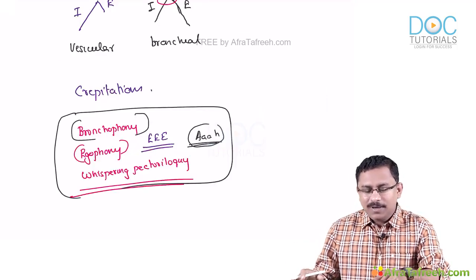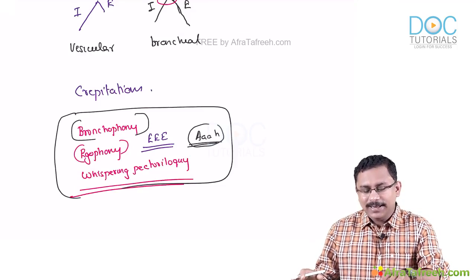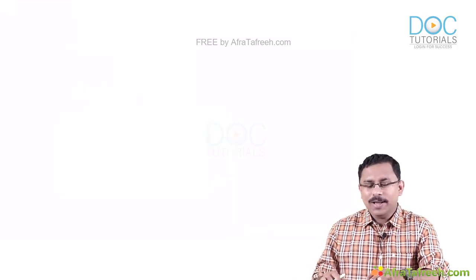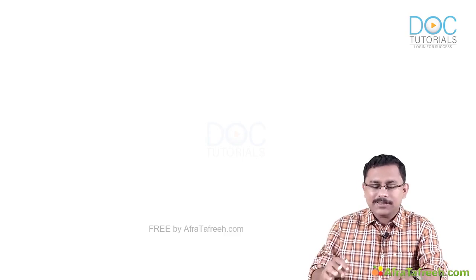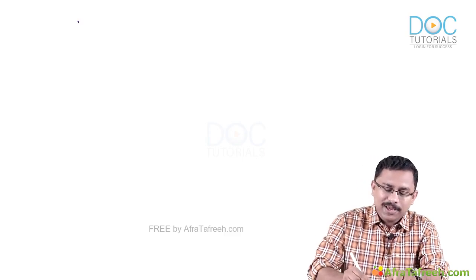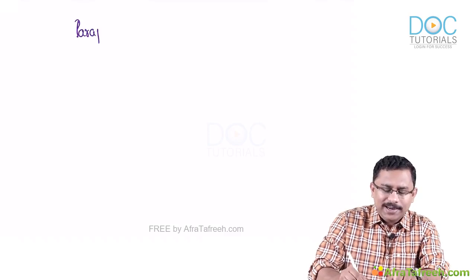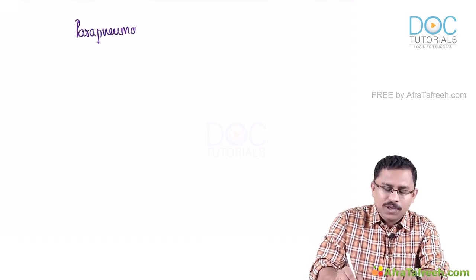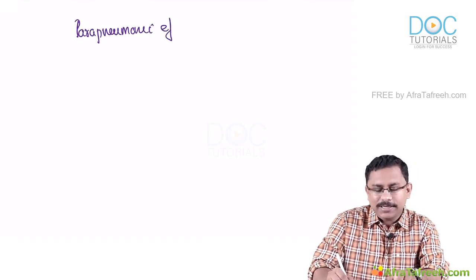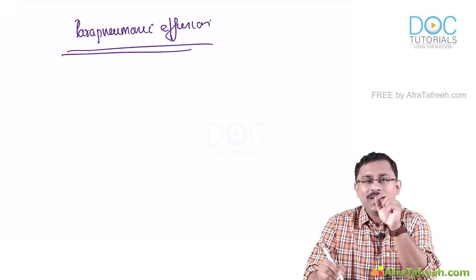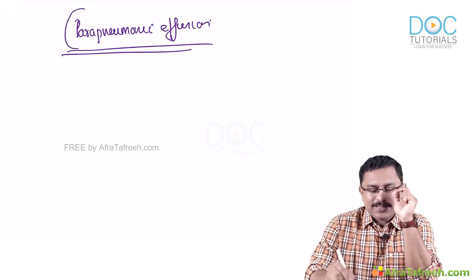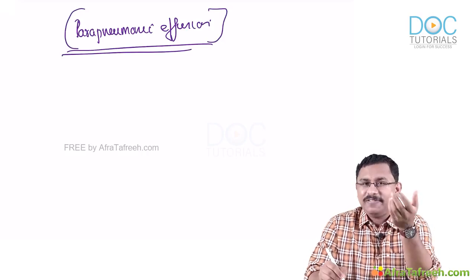So these are the important examination findings that you will get in a patient with pneumonia. But always remember one thing. Sometimes a pneumonia may be associated with a parapneumonic effusion, which is not rare. You may have a parapneumonic or a reactive effusion associated with a pneumonia. And if you are having a parapneumonic effusion, then some of the auscultatory findings might differ.